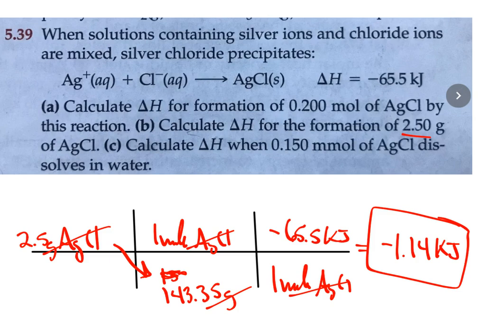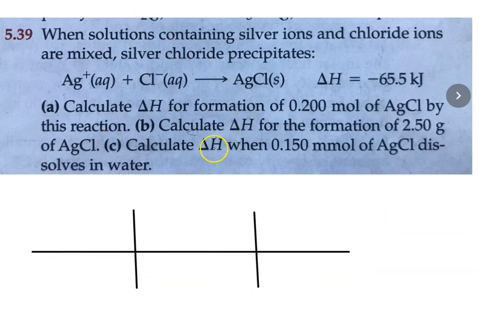please, if you would, pay really, really close attention to part C, because it's tricky, and it's not because it's millimoles, it's tricky because of chemistry. When delta H, when it dissolves in water, as written, it's forming a precipitate, right? But this is asking you if the precipitate were to break apart.